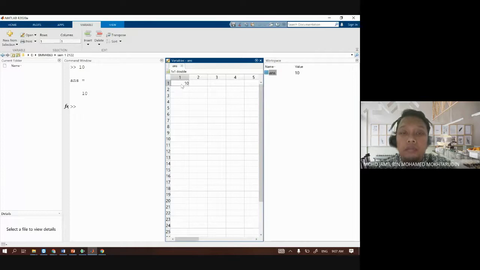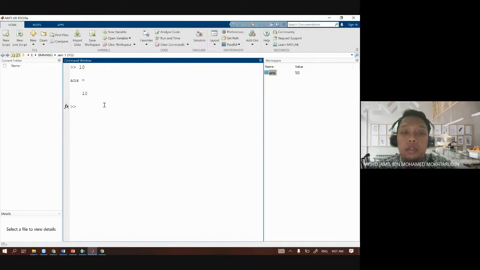If you double click the variable ans, you get ans equals 10. The variable ans is the default. If you key in some number in the command window and press enter, by default it will be saved in the variable ans.